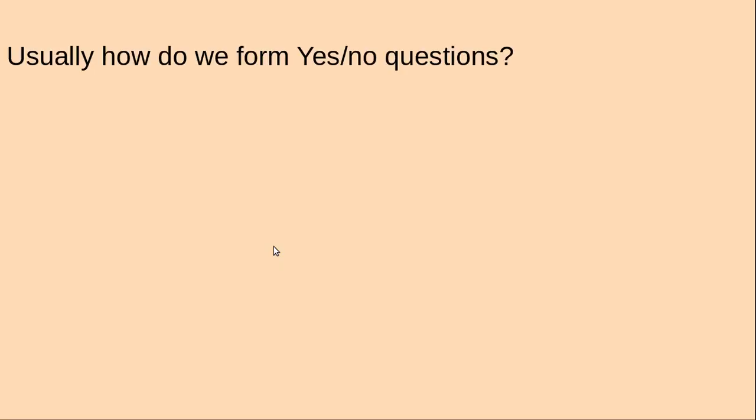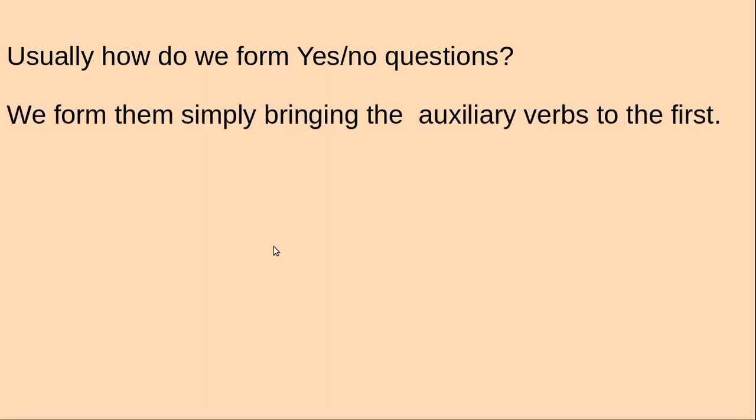Now let us think of how we can form yes or no questions. See, it is very simple. Usually these questions are there in all the examinations, but it is very simple. If you just learn this trick, it will be very easy. What do we have to do?